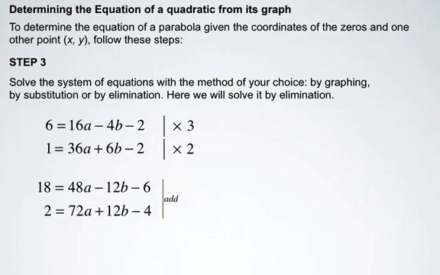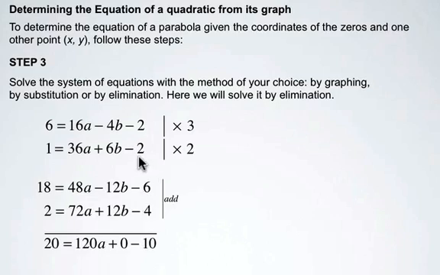Now what we're going to do is add. 18 plus 2 is 20. 48a plus 72a is 120a. Negative 12b plus 12b is equal to 0. And negative 6 plus negative 4 is negative 10.